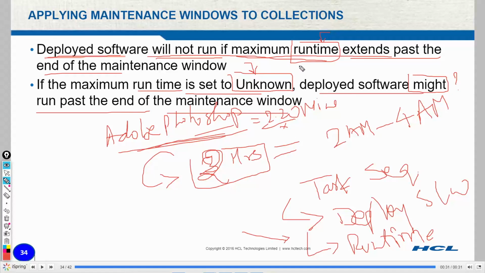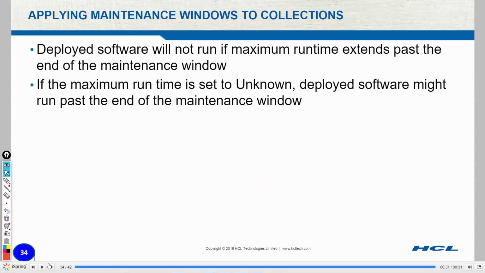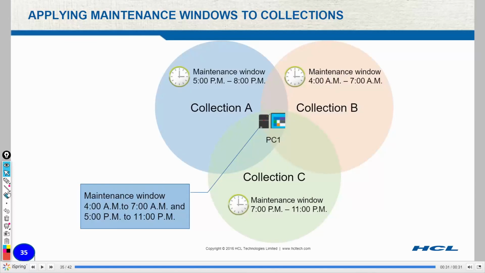If you have defined a runtime which exceeds the maintenance window, it will precisely not run. But if you have not defined 30 minutes, 60 minutes, 90 minutes, 120 minutes, etc., and have defined unknown, it might run after the maintenance window also. That is the message to convey.